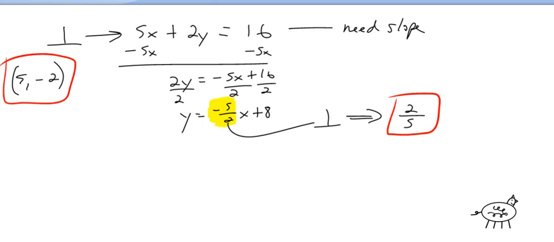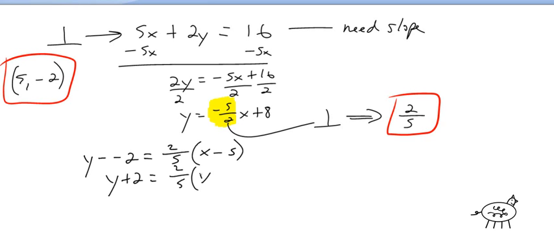Okay, let's write it out. So it's y minus a negative 2 equals slope times x minus 5. So y plus 2 equals 2/5 times x minus 5. That's your point slope form. You're done with that.